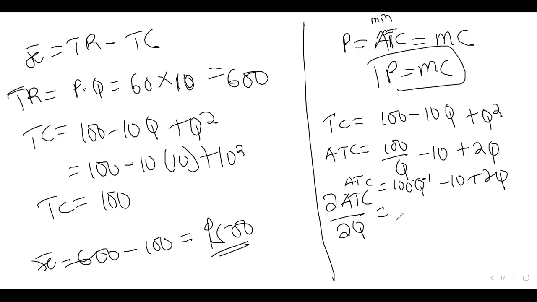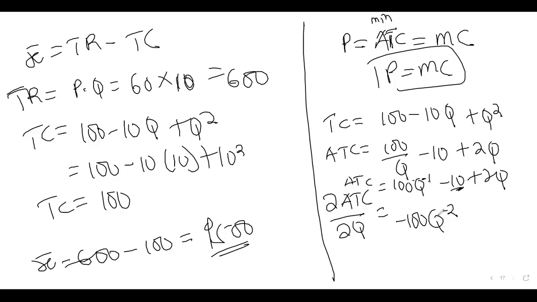So when we are differentiating this, we will have minus 1 multiplying 100, we have minus 100. 10 will vanish because it's a constant. So minus 100 Q raised to the power negative 2, okay?